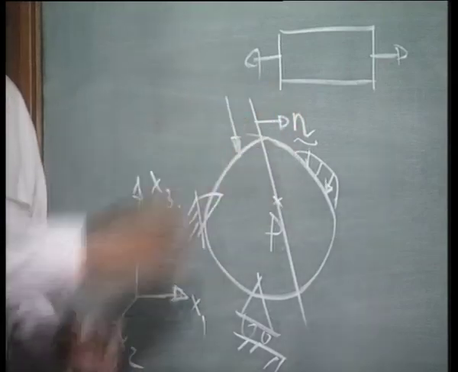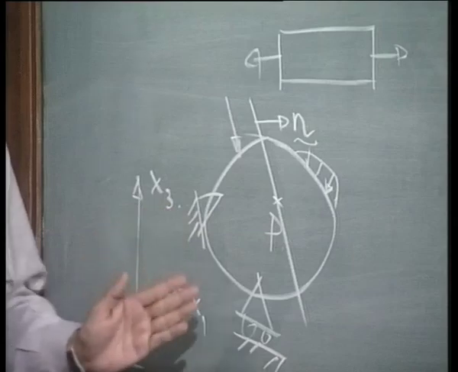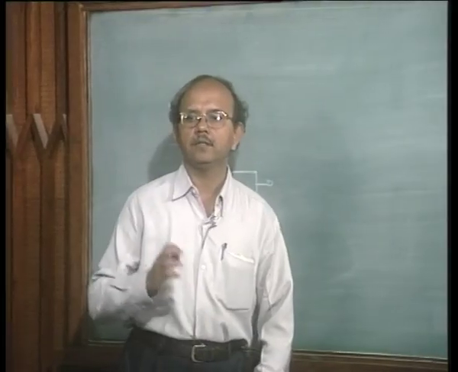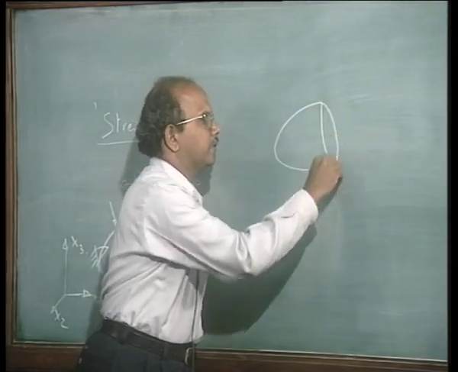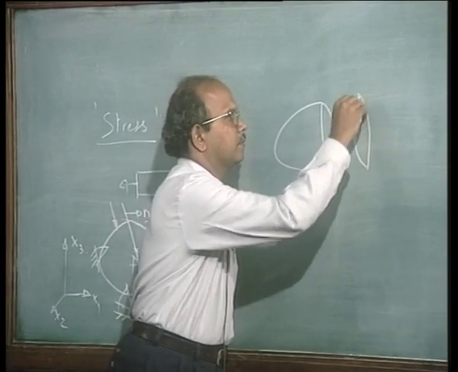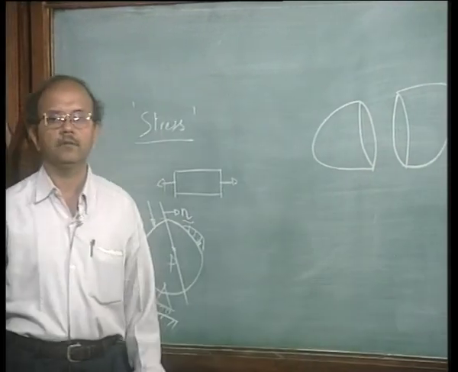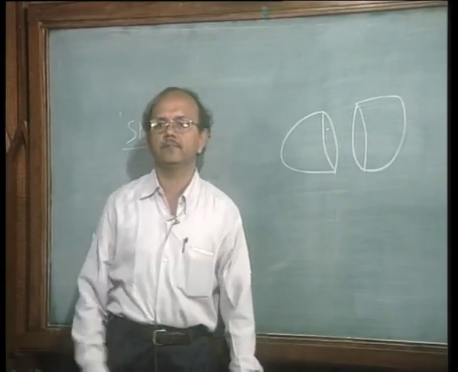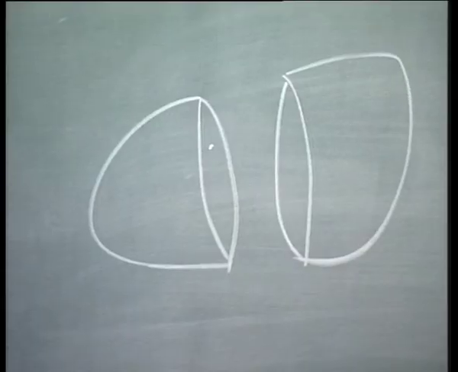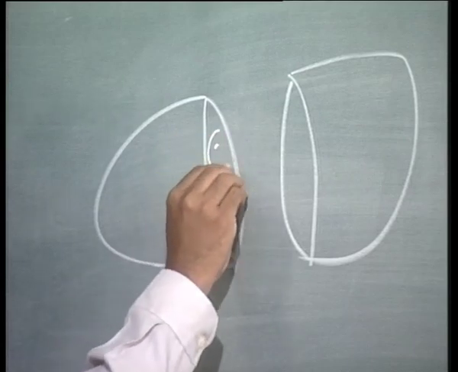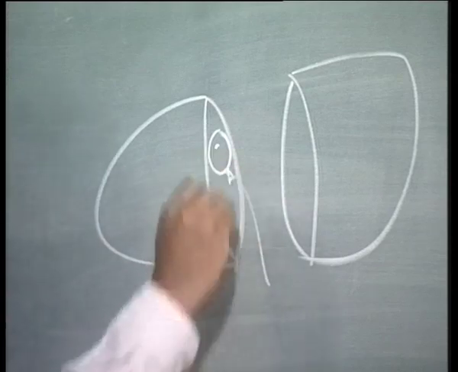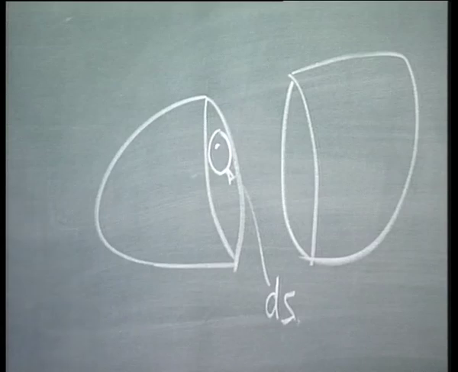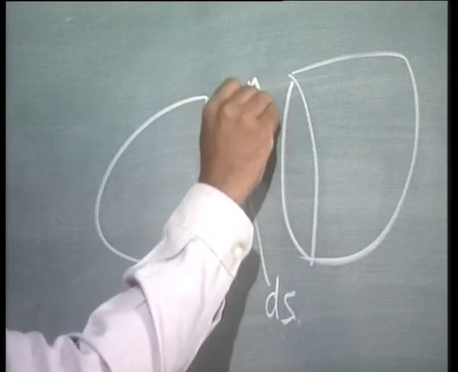Let me now keep these two bodies separately, forgetting for a moment all these forces and boundary conditions, and consider the two bodies separately. My point P is here. Let us say that we take an area around this point P and call this, say, ds. Remember that the normal at this point is n.